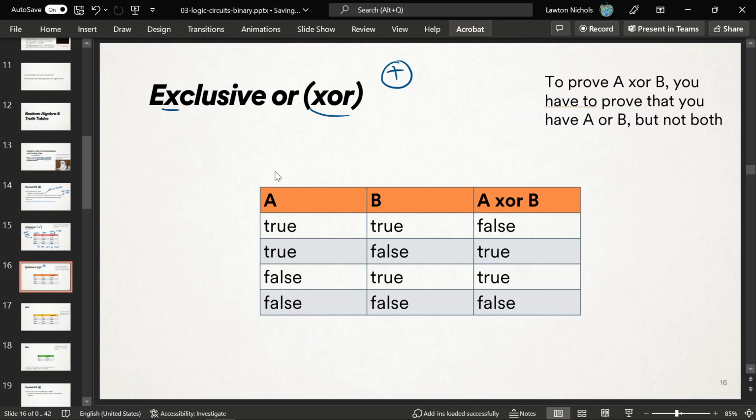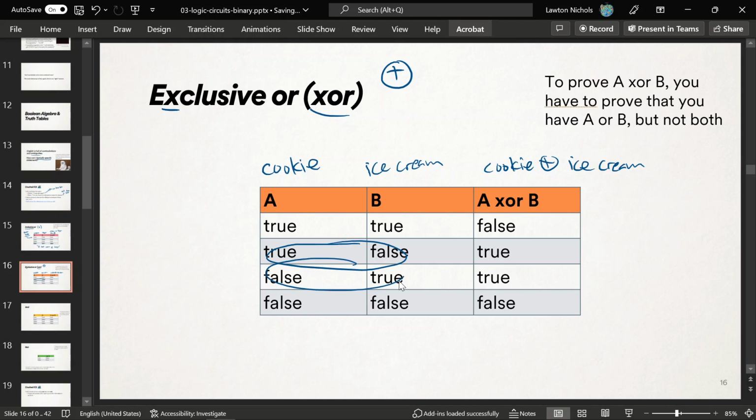Think of A as having a cookie and B as having ice cream. And this is their combination, cookie XOR ice cream. Notice that A XOR B is only ever true if one is true and the other is false. It's only one or the other. Exactly one of the two options is true.